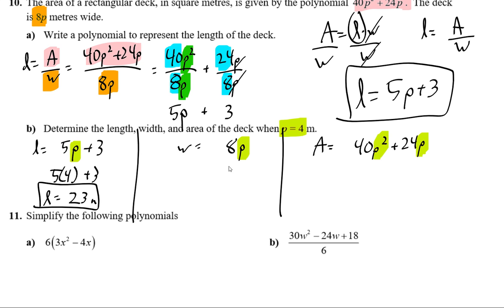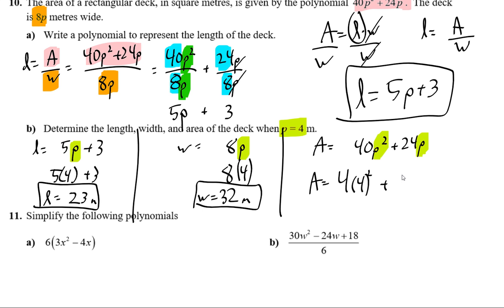Our width should be 8 times p, which is 8 times 4. 8 times 4 is 32. That should be our width. The area should be 40p squared, which is 4 squared, plus 24p, which is, again, 4. 4 squared is 16.